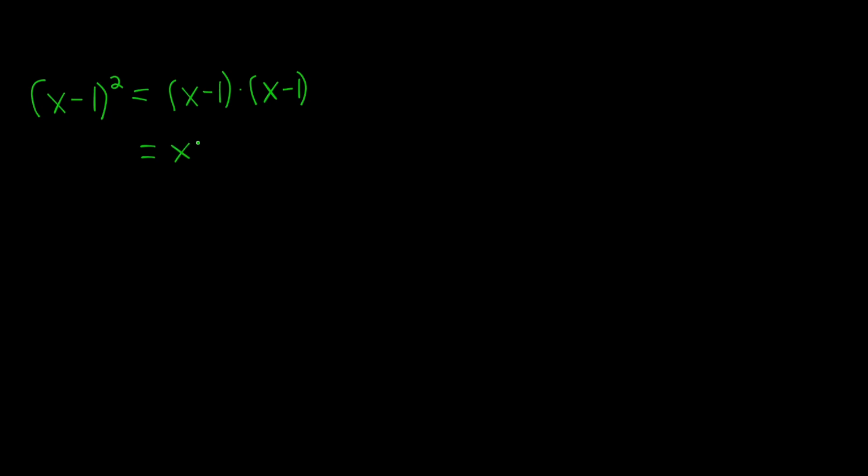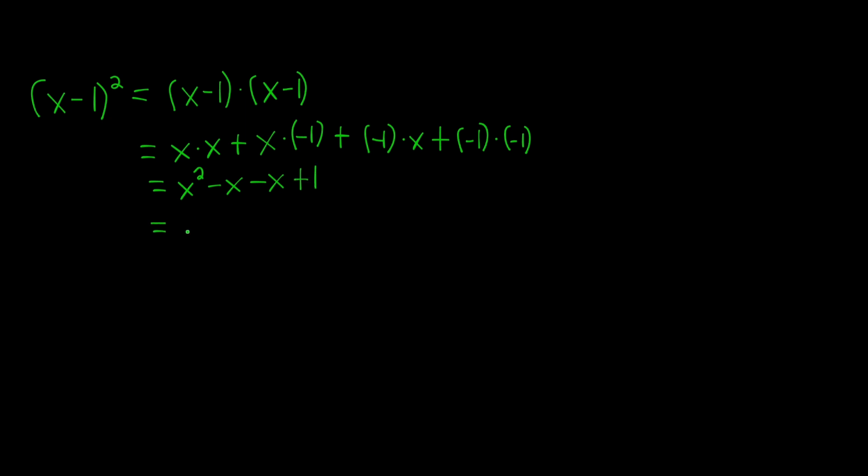So we're going to get x times x plus x times negative 1 plus negative 1 times x plus negative 1 times negative 1, which is going to give me x squared minus x minus x plus 1, or x squared minus 2x plus 1 as my final answer.